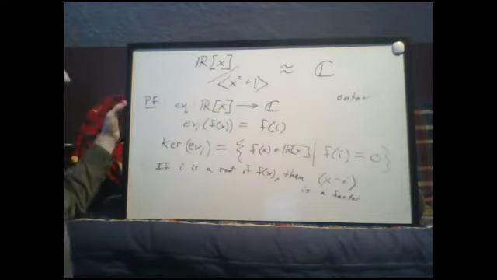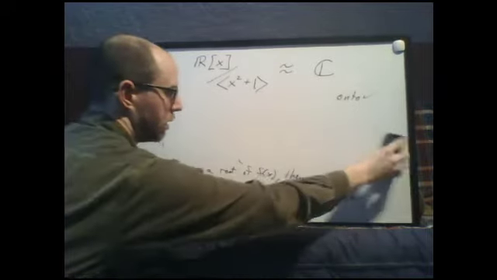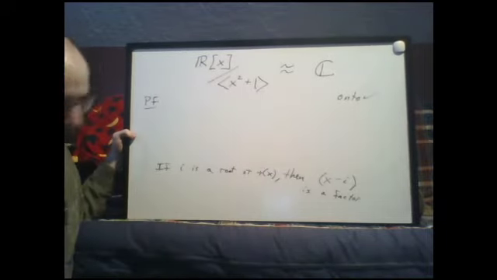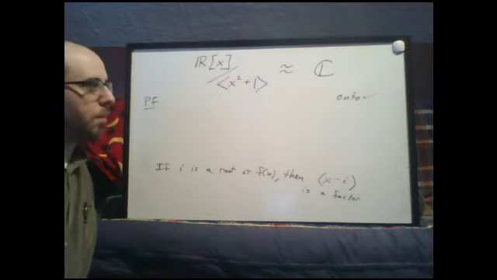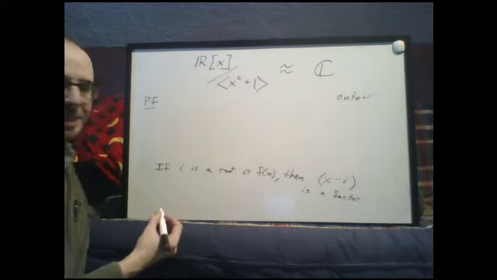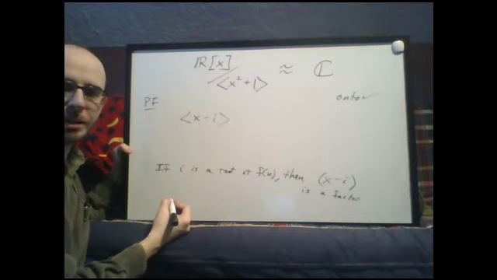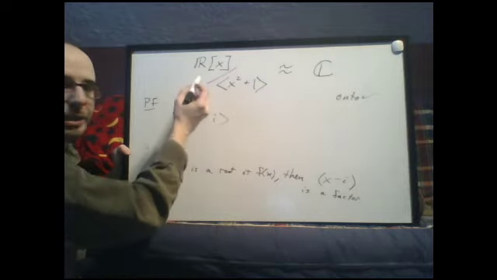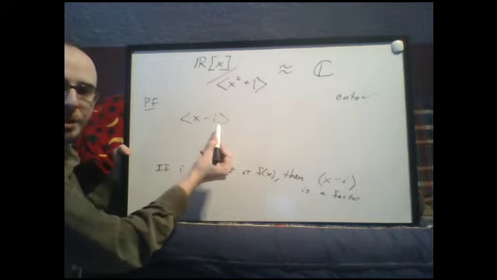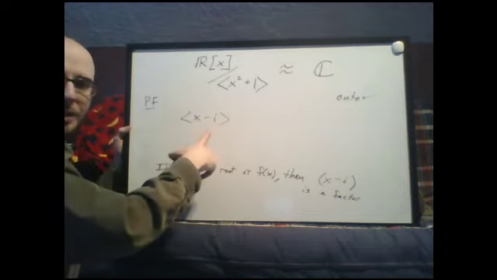But I can't say that the ideal generated by x minus I is the kernel, because this is not an element of R[x]. It has a coefficient that's not a real number. It has an imaginary coefficient. So that's not an ideal of R[x].